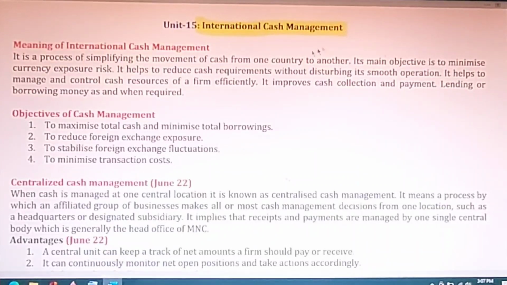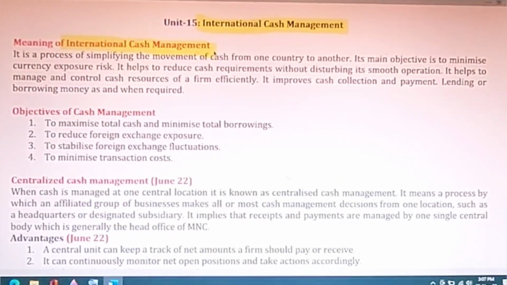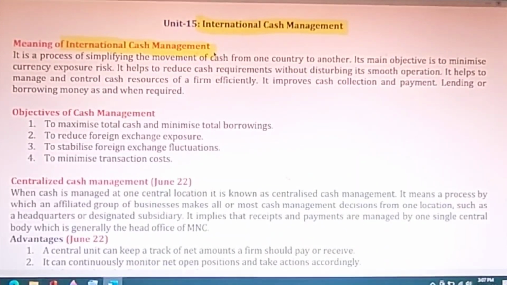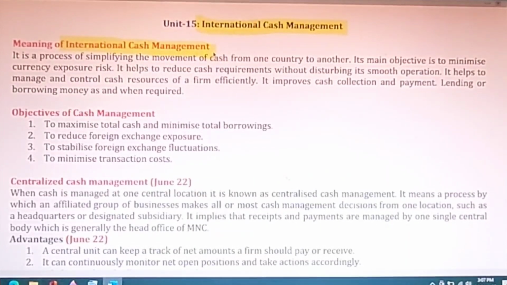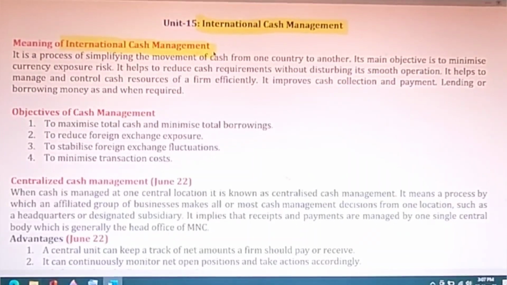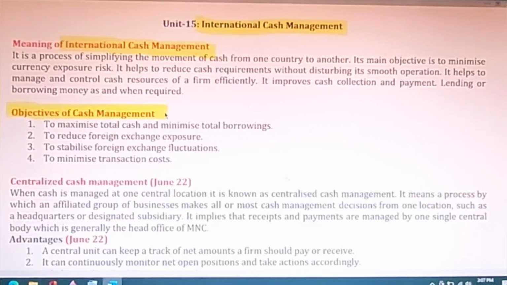The next unit is Unit 15, international cash management. Here you should read about what international cash management is. Cash management is okay, but international cash management is cash management when you are doing international trade. So it is as simple as that. And what are the main objectives of cash management?